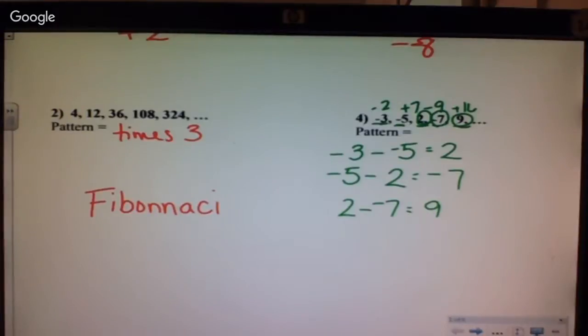It starts 1, 1. To get the next number in your sequence, you would add these two together. So 1 plus 1 is 2. To get your next number, 1 plus 2 is 3. 2 plus 3 is 5. 3 plus 5 is 8. And you would continue on. This is a famous sequence called the Fibonacci.